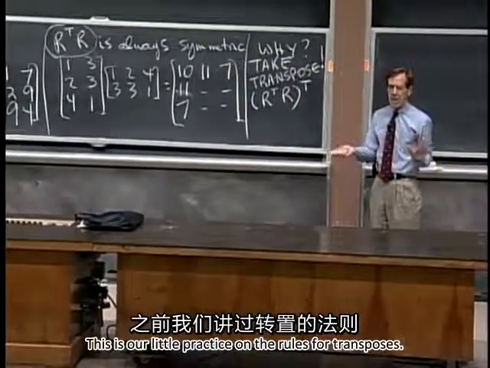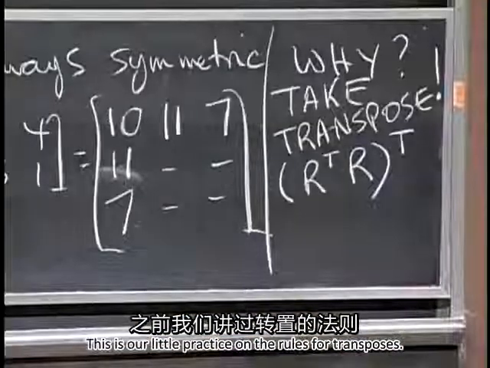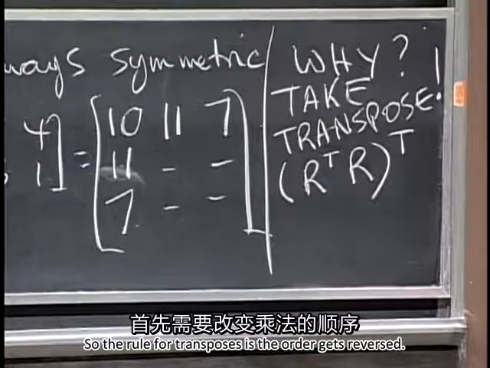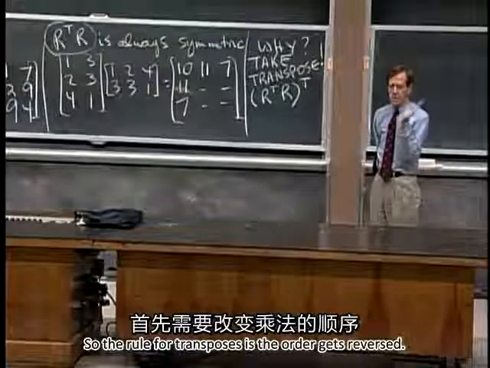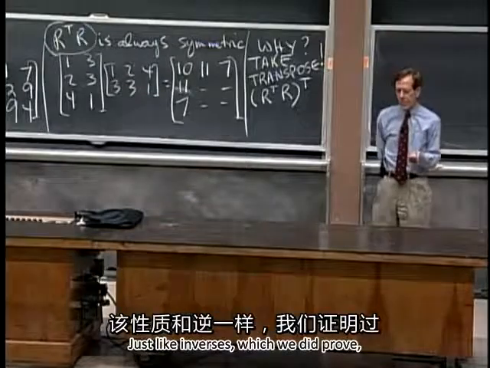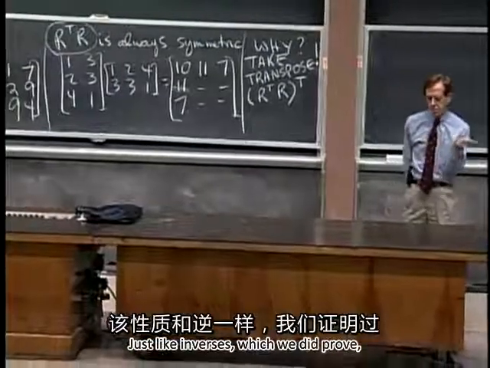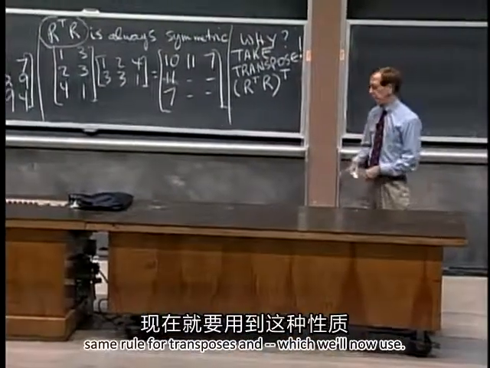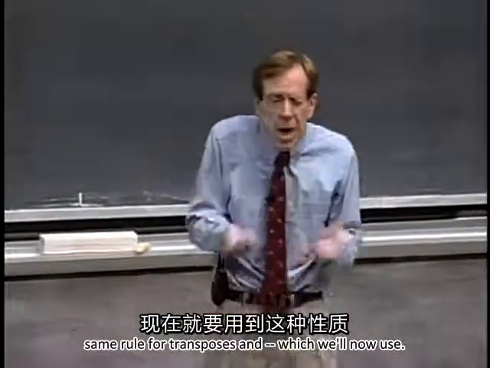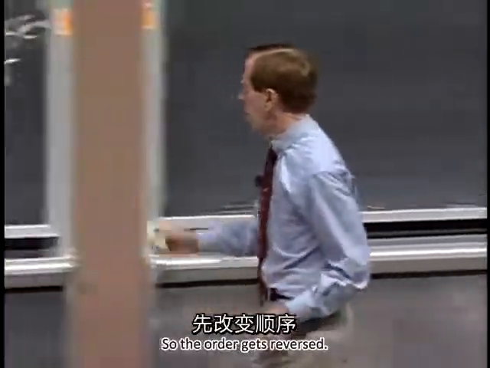This is our little practice on the rules for transposes. So the rule for transposes is the order gets reversed, just like inverses, which we did prove. Same rule for transposes, and which we'll now use. So the order gets reversed.